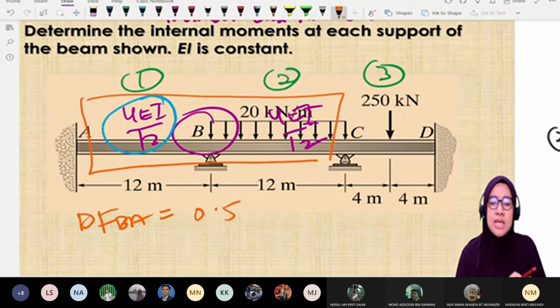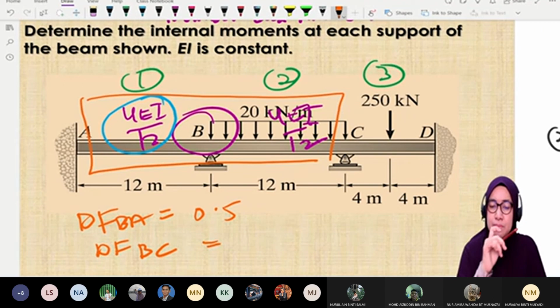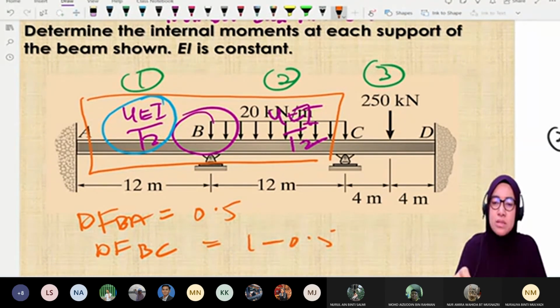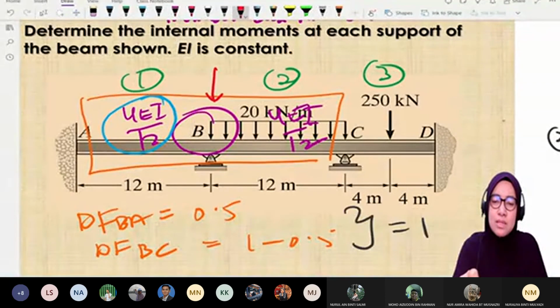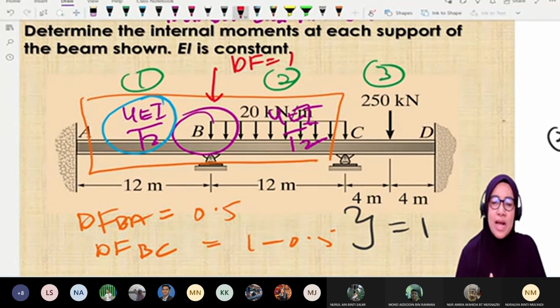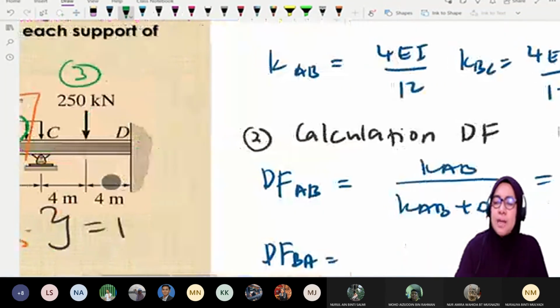EI will cancel, and since the values are the same, we get 0.5. Then DFBC equals 1 minus 0.5, because as I mentioned, the total at B must be 1. That 1 is the combination of DFBA and DFBC. If we calculate using this one, divided by the total, we get 0.5 again.